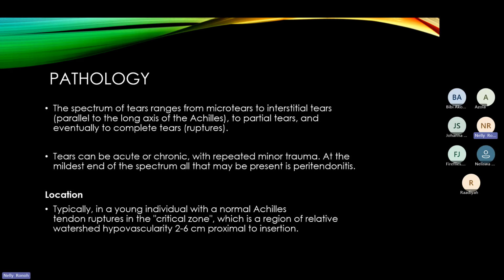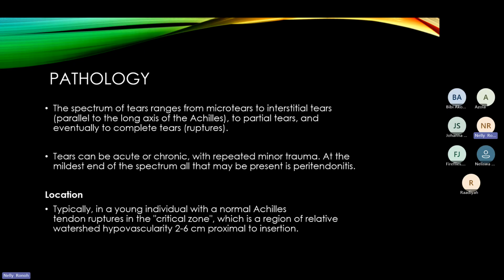The intrasubstance tears, in most cases, run parallel with the tendon fibers, but you find that there are microtears in between. Tears can be acute, and they can also be chronic with repeated microtrauma. That microtrauma over time might end up aggravating to complete tears or complete tendon rupture.